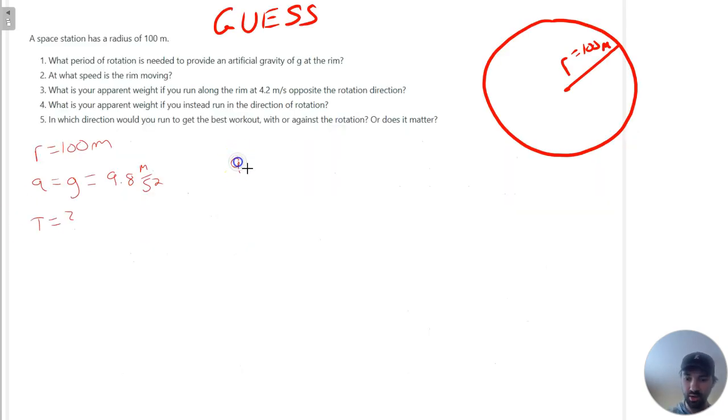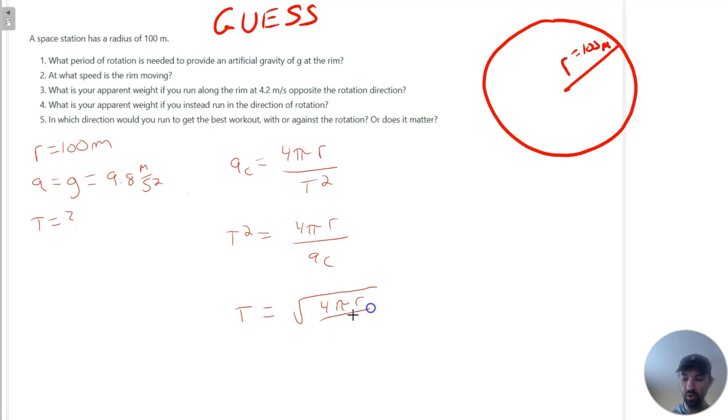So now we write down a_c is equal to 4 pi squared r over T squared. All we have to do now is substitute and solve. I'm going to rearrange first, and I'm going to say T squared is equal to 4 pi squared r over a_c. So T is equal to radical 4 pi squared r over a_c. That a_c is under the radical.